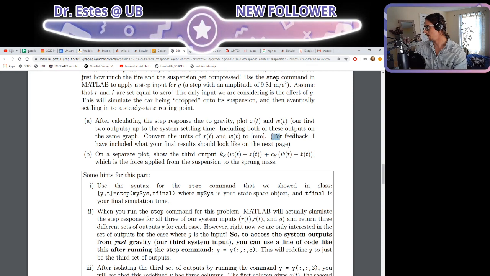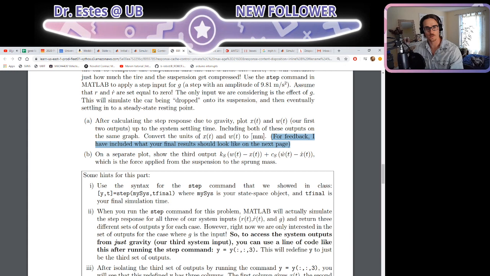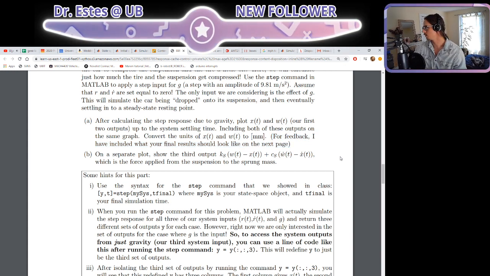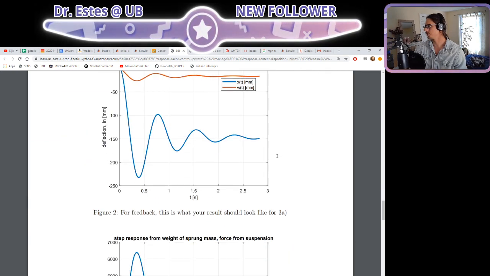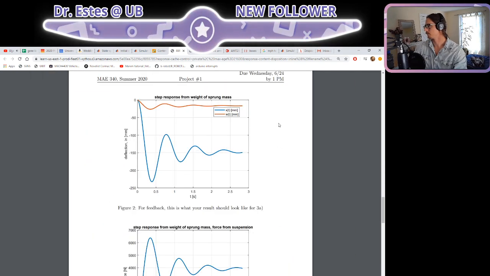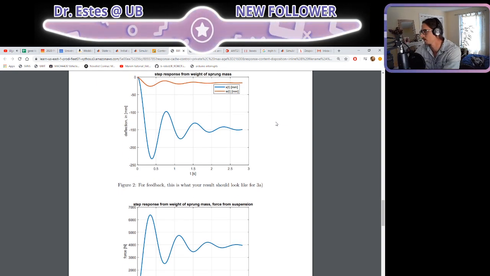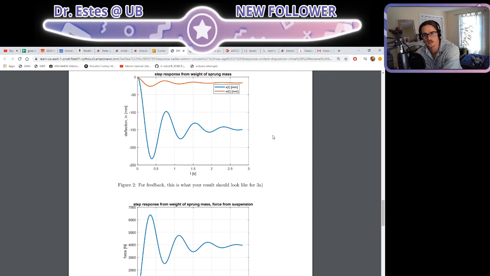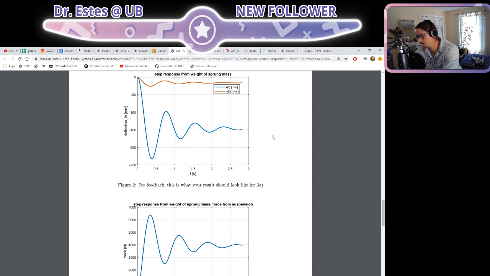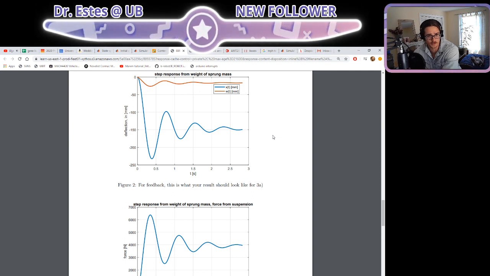For feedback, I'm also including in here what your final results should look like. So if you go 1 page, I'm showing you the plots that I'm getting. The reason I do this is for feedback, so that you can know when you're simulating everything, am I getting results the way they should be?